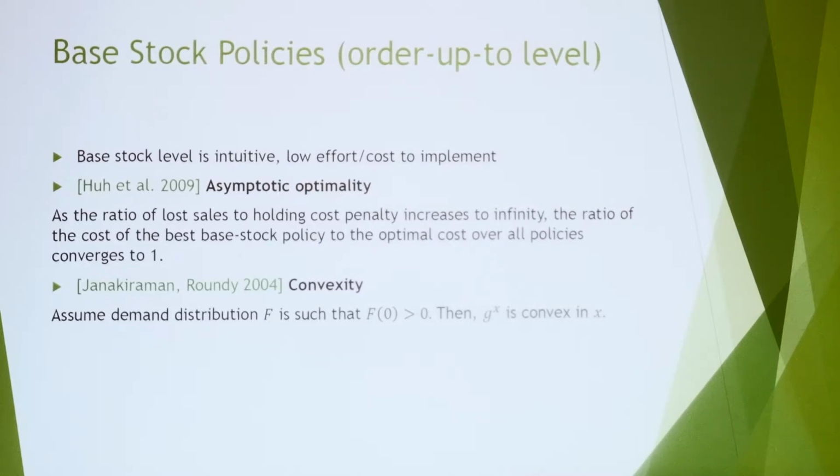But more importantly, base stock levels have a convexity property, and that's the main convexity property that we're going to leverage in this talk, in our algorithm. It's that if you assume a demand distribution where the chance of no demand happening is positive, then the asymptotic cost g of x is convex in x, where x is the base stock level.